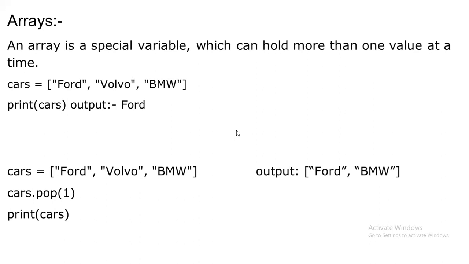Index of the array starts from 0, so Ford is at index 0 and Volvo is at index 1. Volvo is going to be removed, and after doing the pop action, if you print this, it is going to print Ford and BMW. Fine.